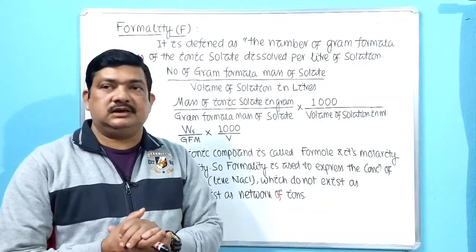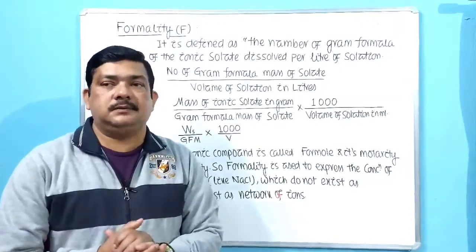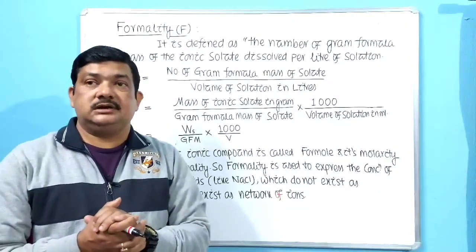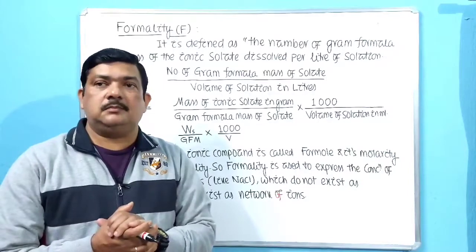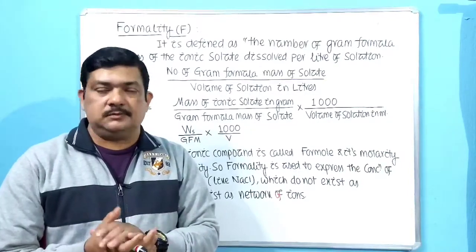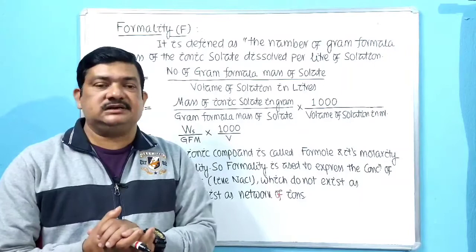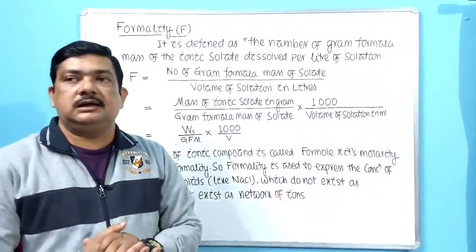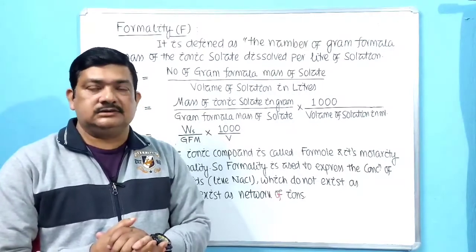As I have already told, formality is only applicable for ionic solutes which normally do not exist in the form of molecules. For example, sodium chloride never exists as a molecule. Rather, it exists as a network or cluster of ions.